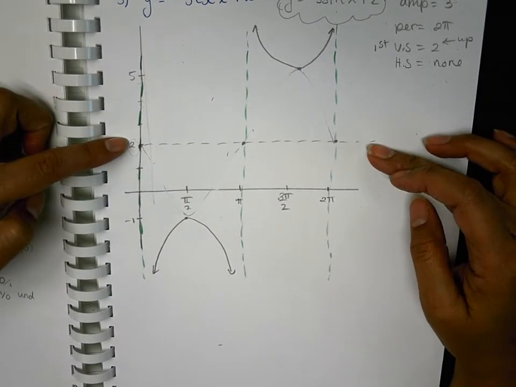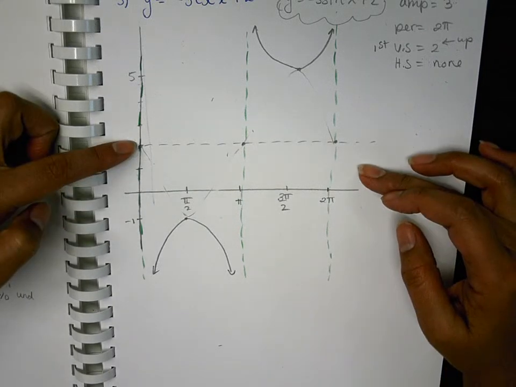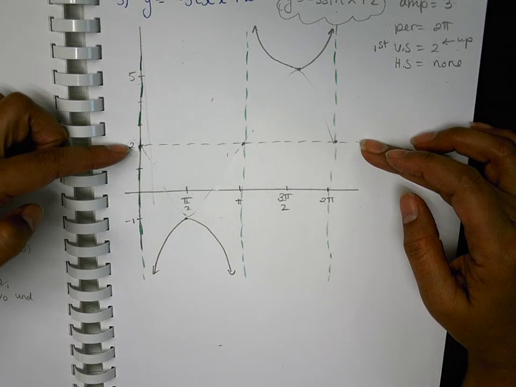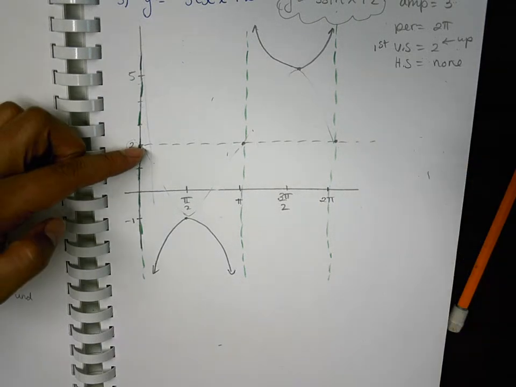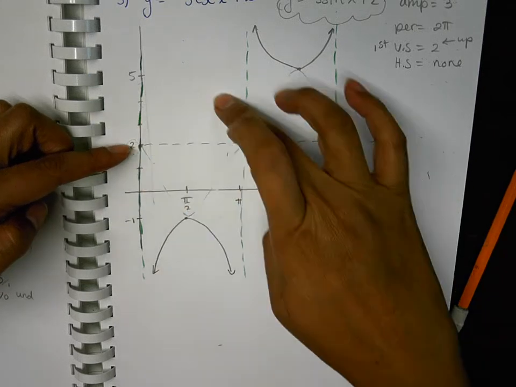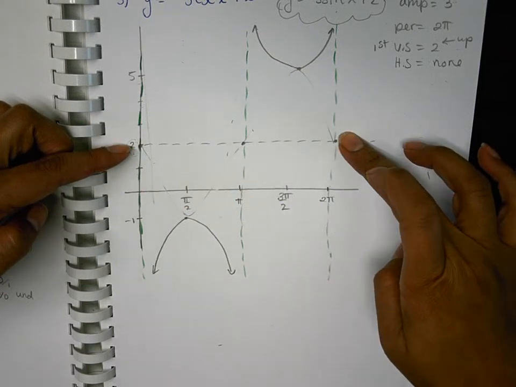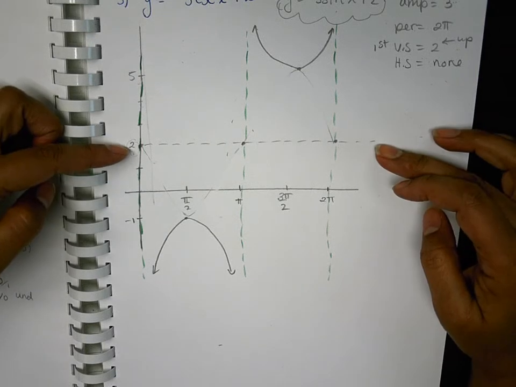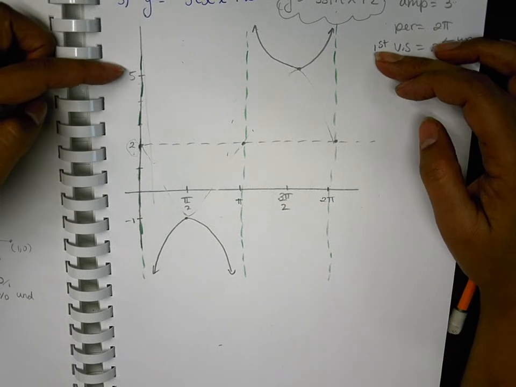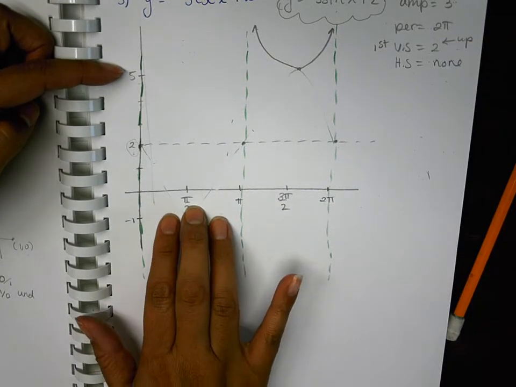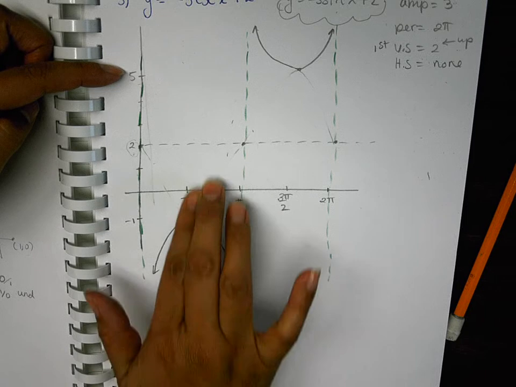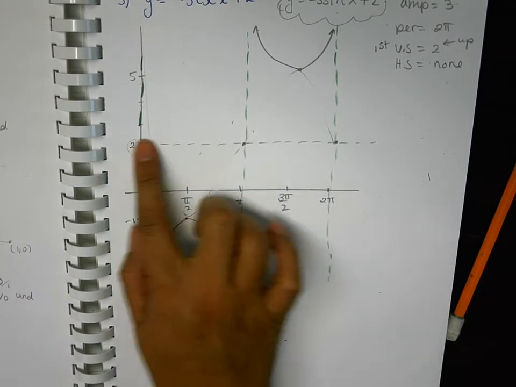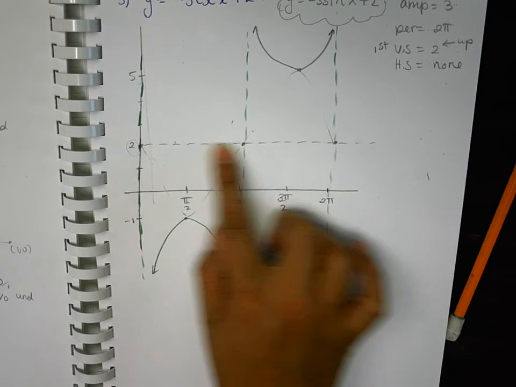It could be a shift down, or it could still be a shift up, if the vertical shift is higher than the amp. Good job. So if this vertical shift moved up higher, this would move up higher and then open up here and open down. Does that make sense? So still here there's no zeros, but either way, I move away from the fake axis. Does that make sense?